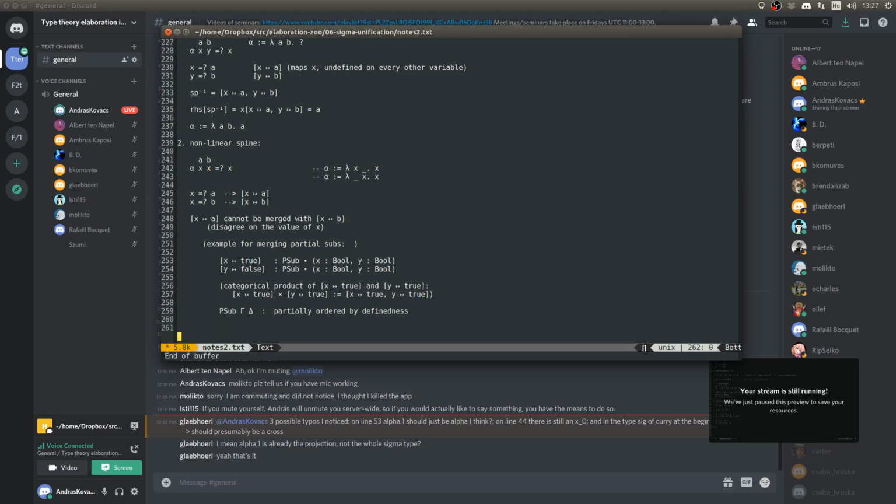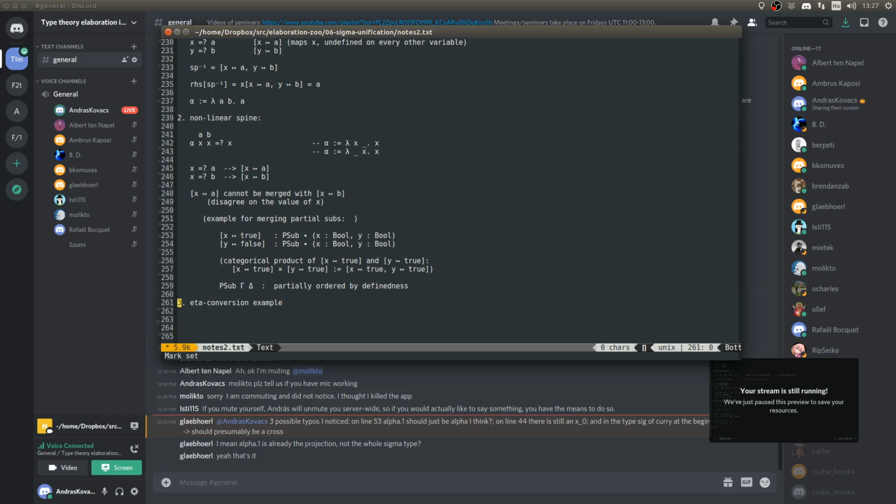Okay, but let's also look at an eta conversion example. This is pretty inefficient in Agda, because in Agda we have to do very explicit eta reduction, since Agda wants to eta reduce everything into pattern form.